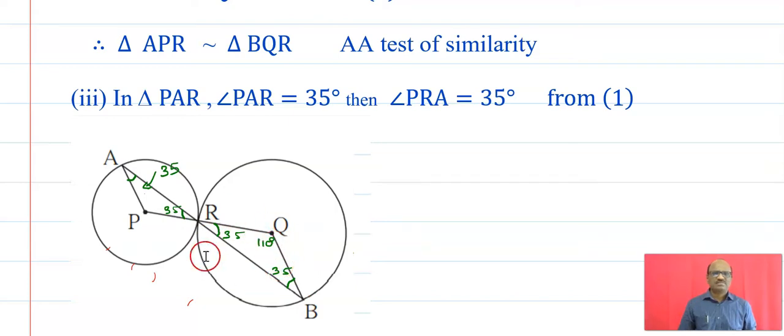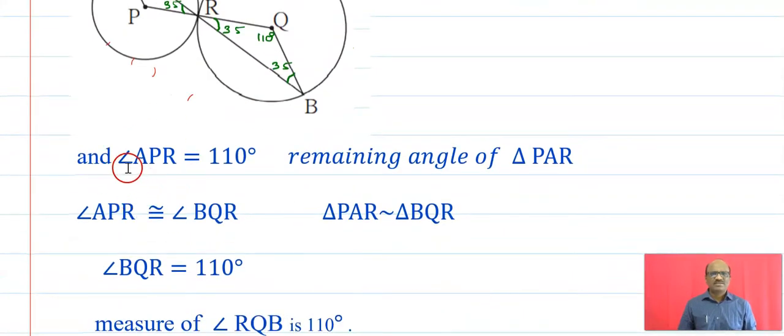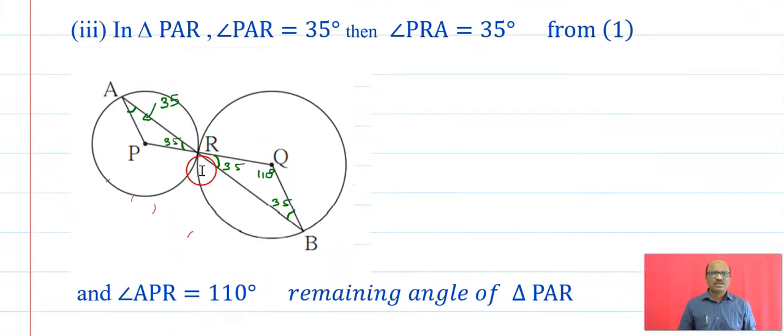If we take the sum of the angles of the triangle, that's 180 minus 70, that is 110. Also, these two triangles are similar, therefore the measure of angle APR is congruent to the measure of angle BQR. The measure of angle APR is equal to 110, and therefore the measure of angle BQR is also 110.